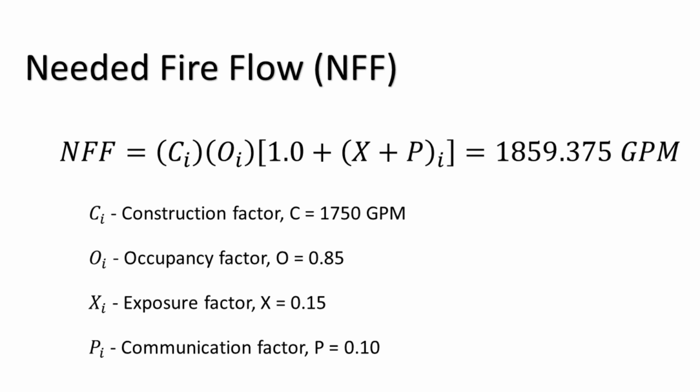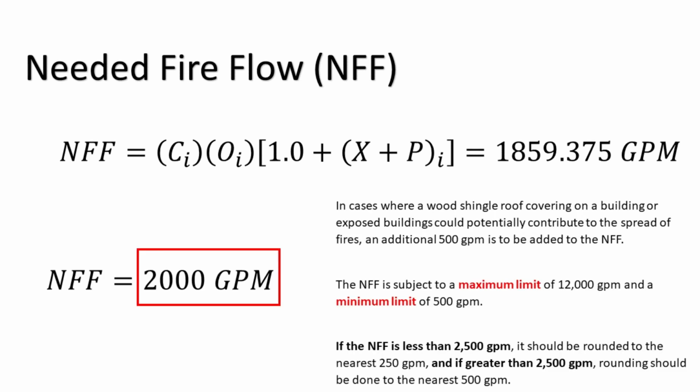We can finally find that the needed fire flow NFF is 1,859.375. Because this NFF value calculated is smaller than 2,500 gallons per minute, we will round it up to the nearest 250 gallons per minute. Therefore, 2,000 gallons per minute is our estimated needed fire flow.